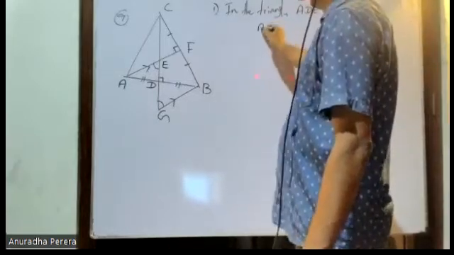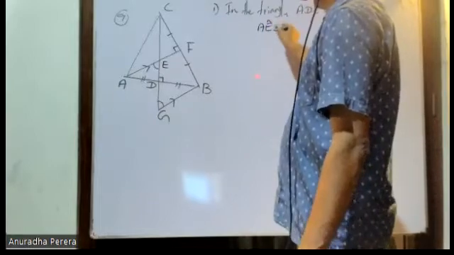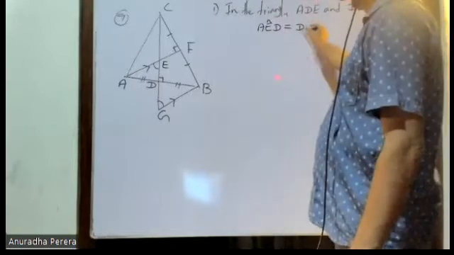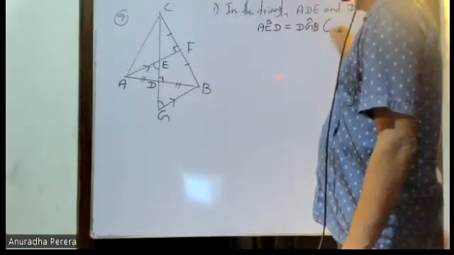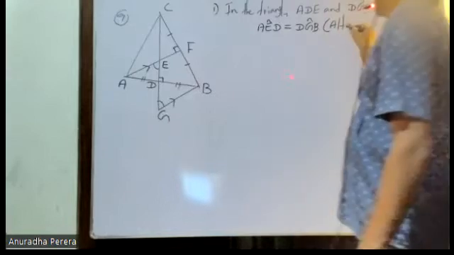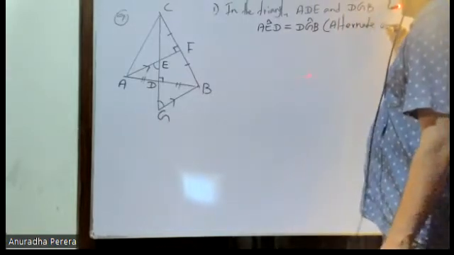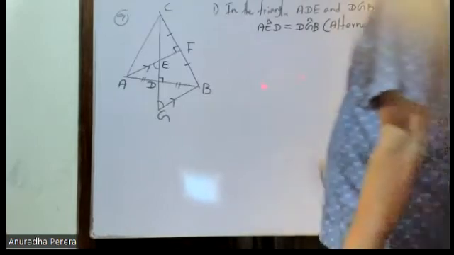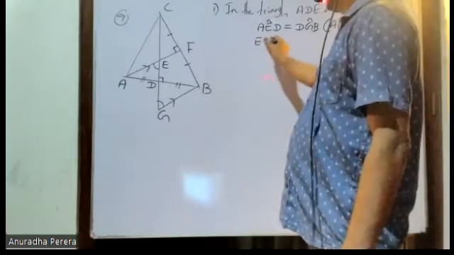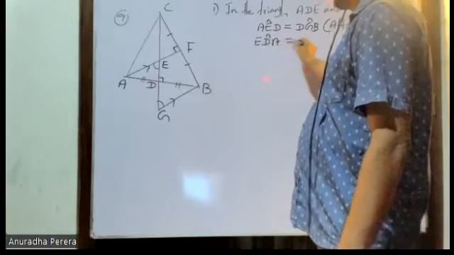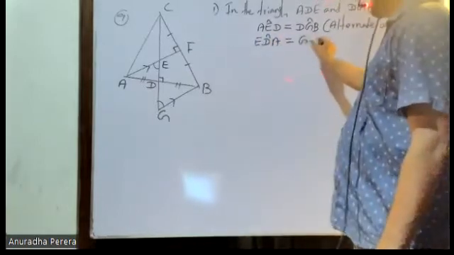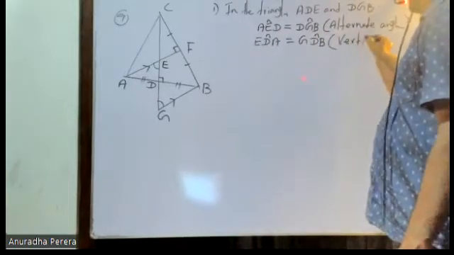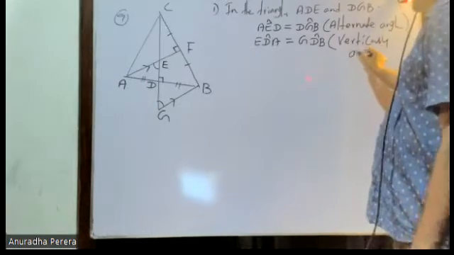In triangles ADE and DGB: angle ADE equals angle DGB, alternate angles. Angle EDA equals angle GDB, vertically opposite angles.